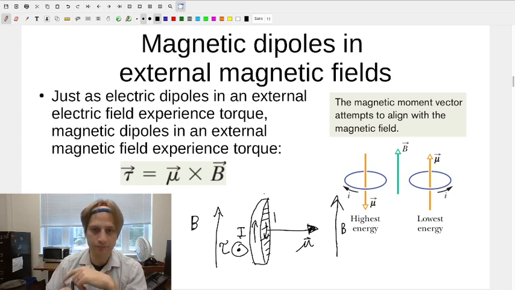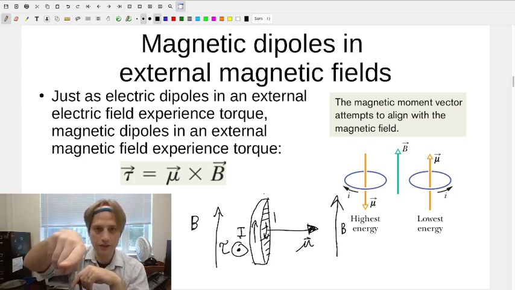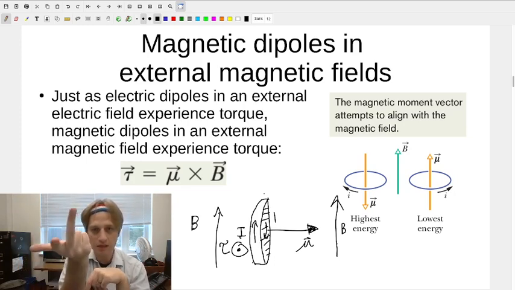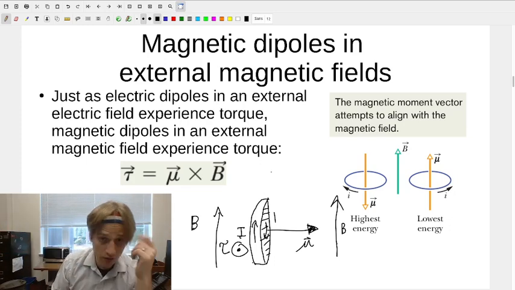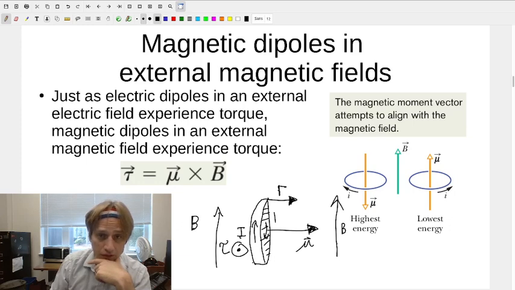However, on the top, the current is going into the page, and so at the top V cross B is F. So at the top, the F would be pointing in this direction. At the bottom, I is coming out of the page, and if you use your right hand rule, you'll figure out that F is pointing the opposite direction.